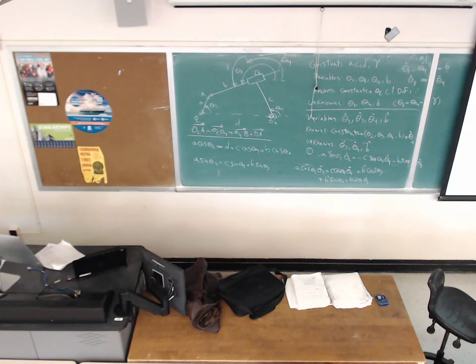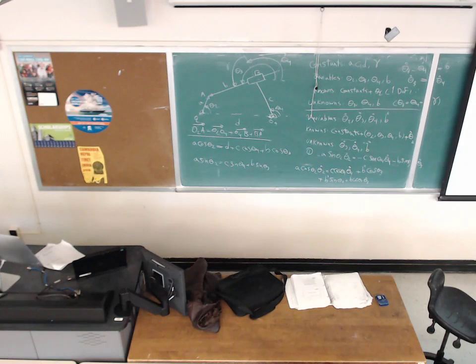Now, don't get confused. The unknowns are theta dot 4 and b dot. They cannot be more than 2 because I have 2 equations, and you don't see any theta dot 3 here. Any term with theta dot 4 and b dot should be kept on the left side, and the constant part should be moved to the right side, which is this one.